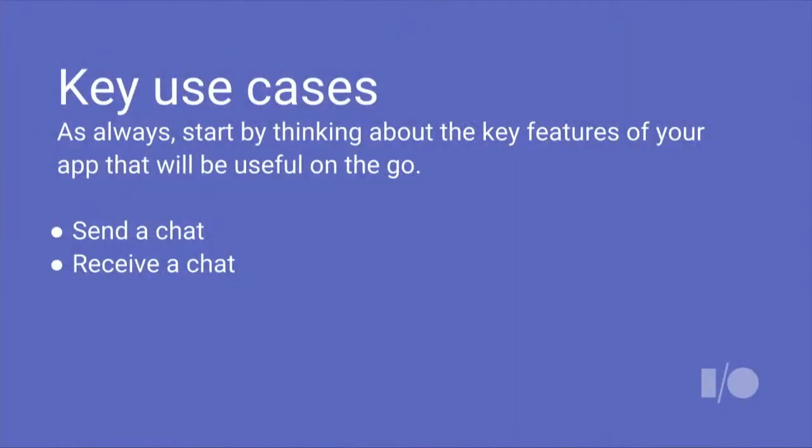Going from the top, key use cases are pretty obvious: send a chat and receive a chat. That's going to require a bunch of different activities: login, list of friends, chat settings, et cetera. But because we're really trying to streamline interactions, you want to make sure that every UI that you build is in service of those key use cases.